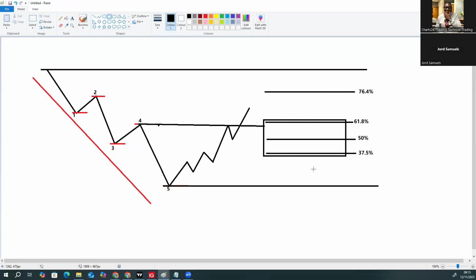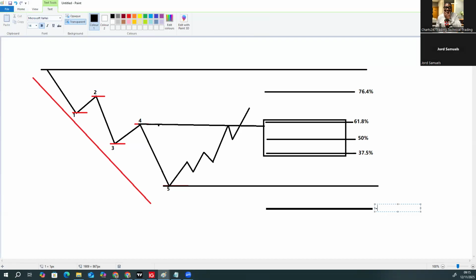So now we have targets below the price. Okay, the first target, which you call the T1, is the minus, because of the way I set the Fibonacci, minus 23.6%. This is what we call target one.